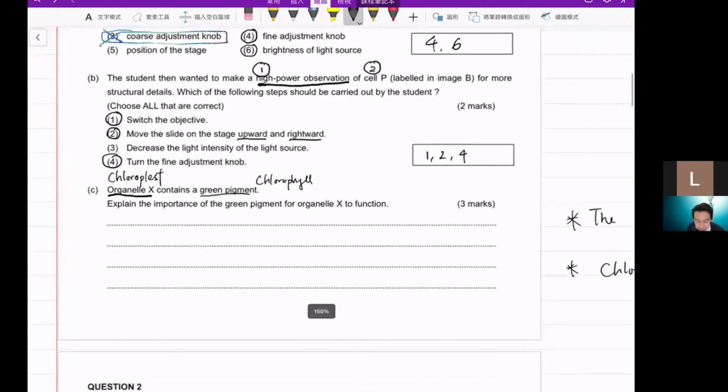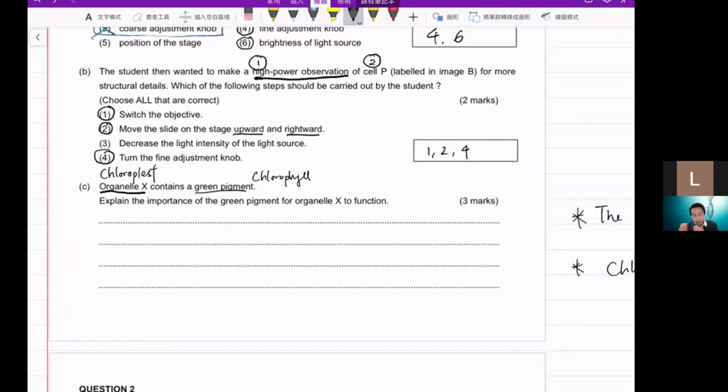The correct relationship of green pigment and organelle X, which is chloroplast, is that, remember, chlorophyll is not the organelle. So X is not chlorophyll. Chlorophyll is only a pigment, which can be found in chloroplast.